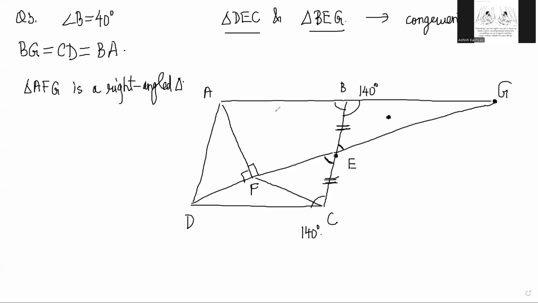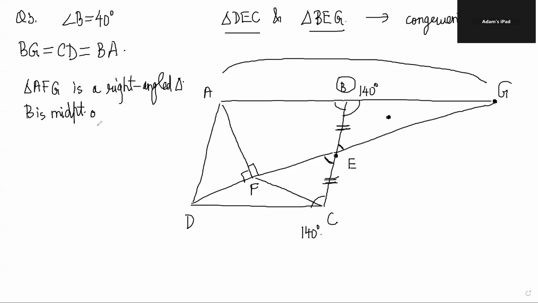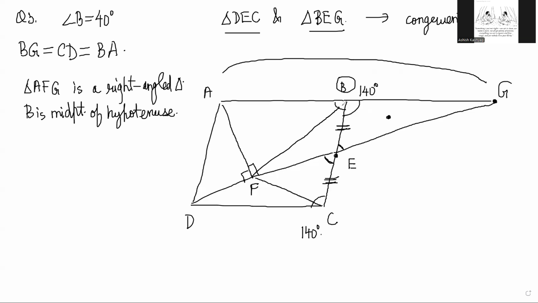And notice one thing that B is the midpoint of the hypotenuse, right? B is the midpoint of the hypotenuse of the right angle triangle, correct? So if I connect B to F, that is a median, obviously, in the triangle AFG. BF is a median.